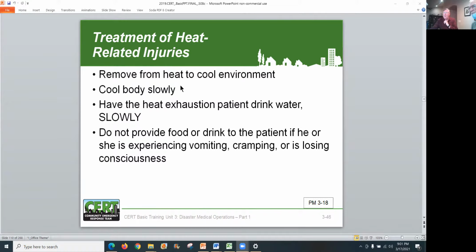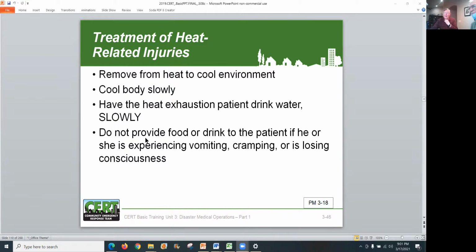Remove the patient from heat to a cool environment. Cool the body slowly. Don't throw them in a deep freeze. Room temperature, and slowly have a fan on them to get it a little cooler, or air conditioning might work. An exhausted patient might need to drink water slowly, in sips. Sips of water is what you want. Don't feed them.